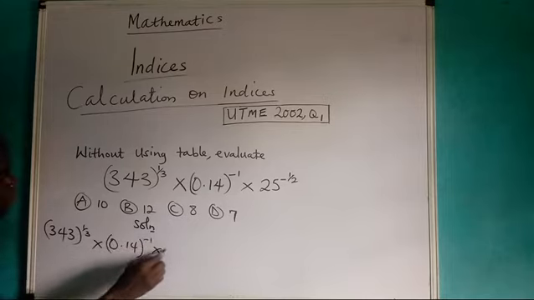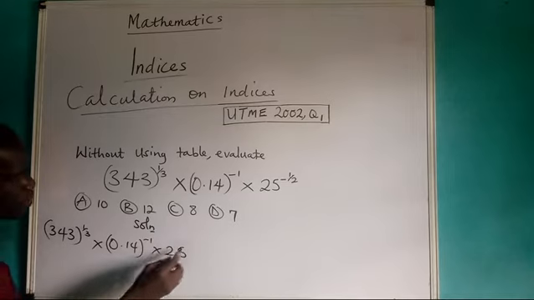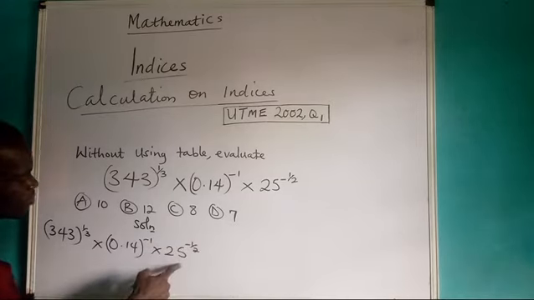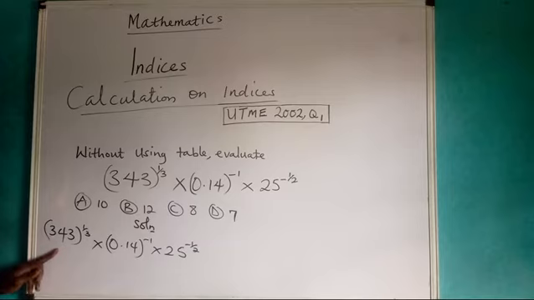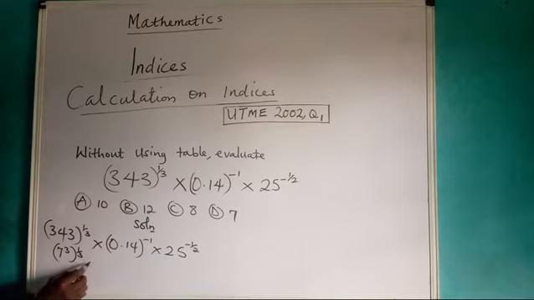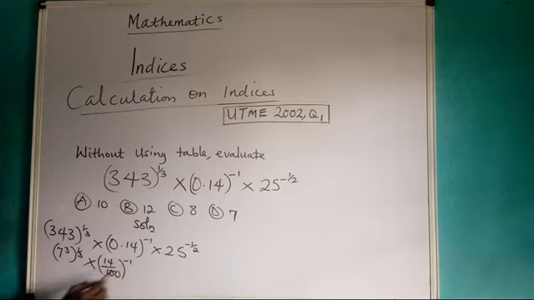Okay, and this very one, I'm going to reduce this part to a lower base. I will also reduce this part to a lower base. To reduce 343 to a lower base becomes 7 power 3, and I will have my fractional index outside. Times, and this very part here, I can as well have it as 14 over 100, and I will have the negative exponent outside the bracket.